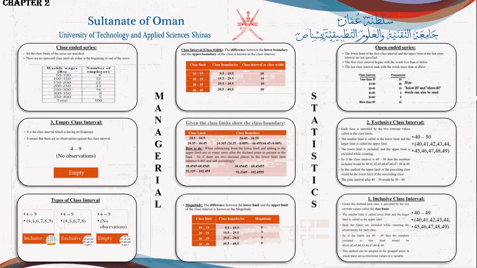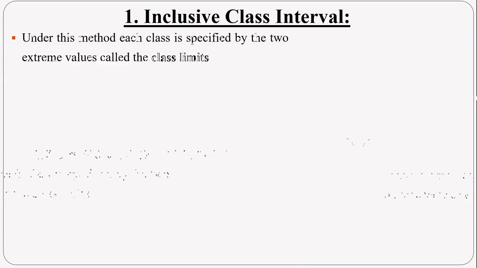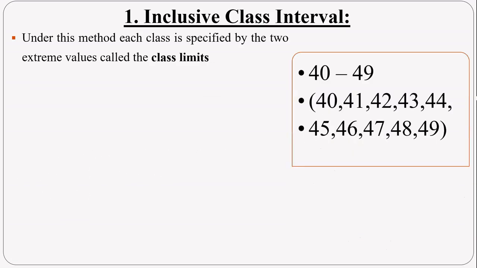Now let us understand what an inclusive class interval is. What are the steps to be followed? I will tell you in brief here. In this method there are two extreme values, called class limits. For example, 40 to 49: we are taking values starting from 40 to 49.